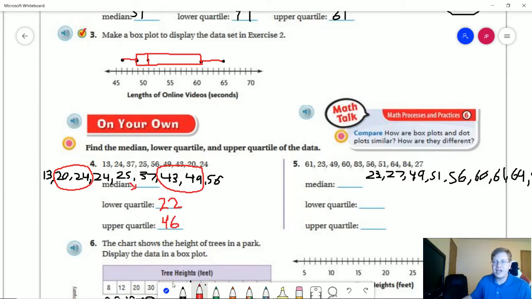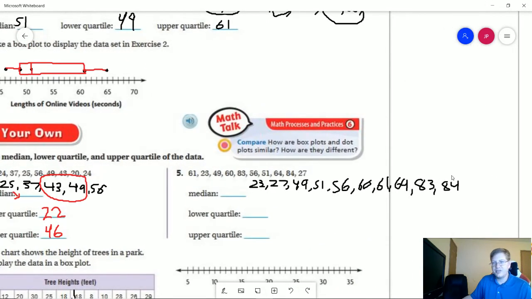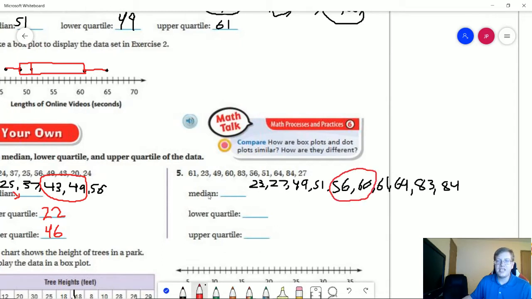Looking at number 5, I'm going to scoot this over just a little bit because, again, we have a line that extends out quite a ways. And so we have 3, 6, 9, 10 points of data. And so we are going to go between the 5th and 6th number, which would be these right here. And so our median is going to be 58.